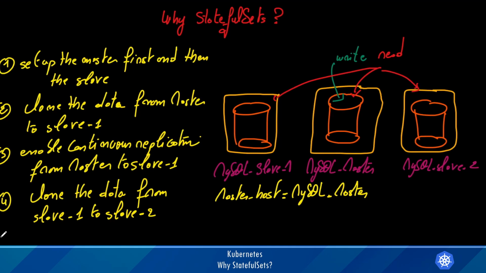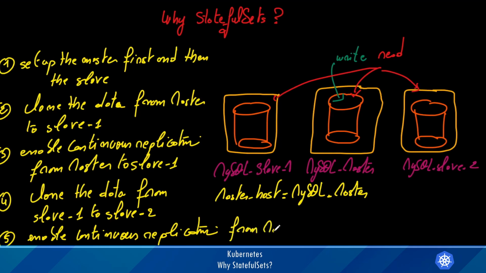And as we do with slave 1, here we have to enable the continuous replication from master to slave 2. The data coming to the master should be duplicated on slave 2. So here we have to enable continuous replication from master to slave 2.